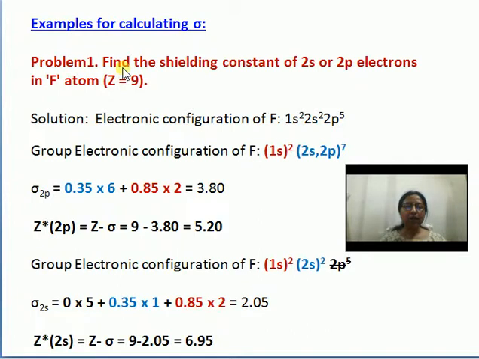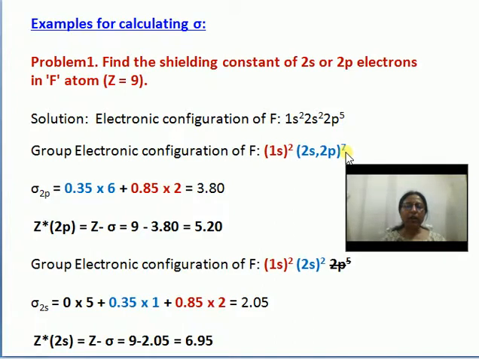Here are two examples to calculate the sigma value, which I have discussed earlier also. For fluorine, the group electronic configuration will be 1s2, then 2s2p together, and it will be 7.